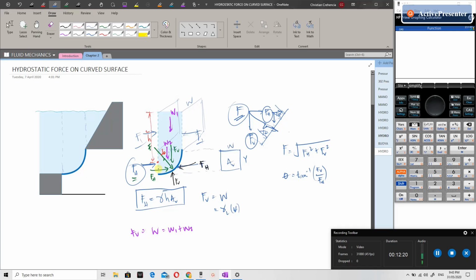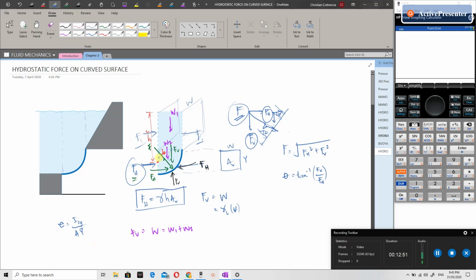So our FH, again this is just like a plane surface, we apply our formula for locating the horizontal component of the hydrostatic force. So we still use the formula that the distance e from the centroid is equal to the moment of inertia about the center of gravity over area times y bar.